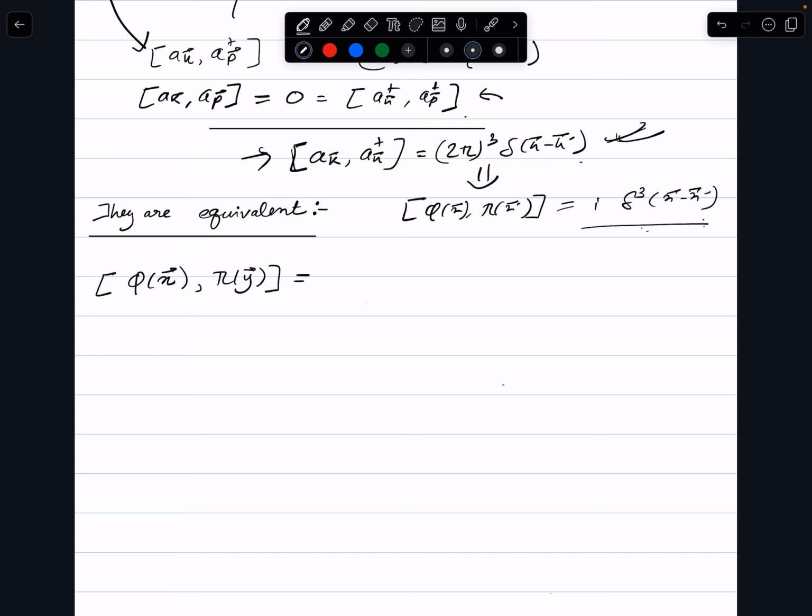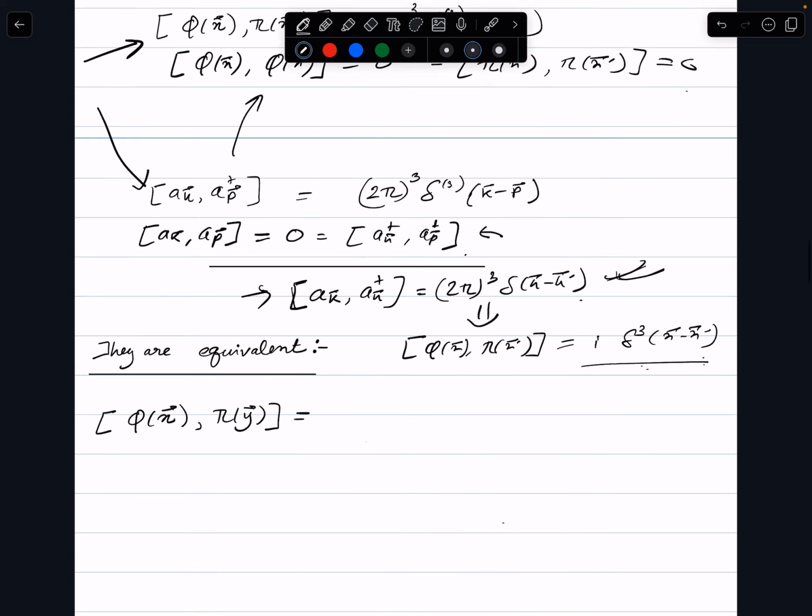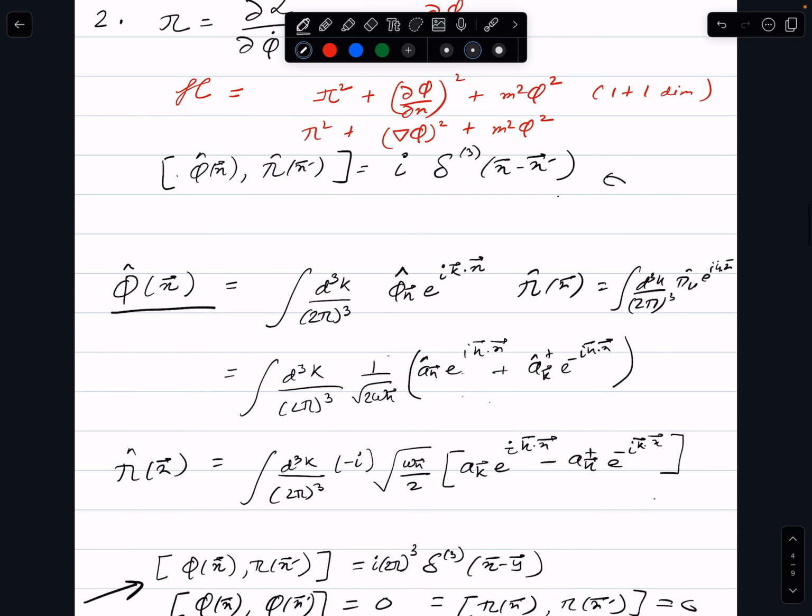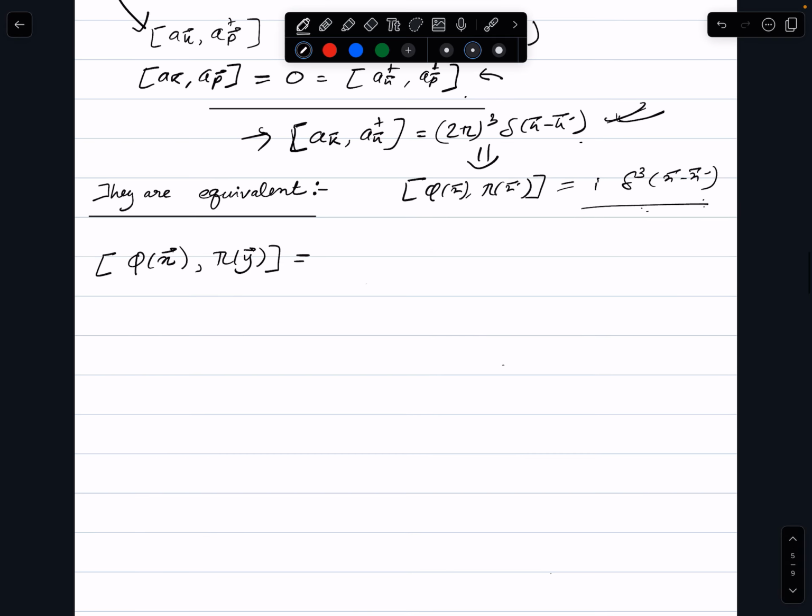So there's some unavoidable suffering involved in learning field theory, which we do now. Okay, so we assume this and we have to show this.